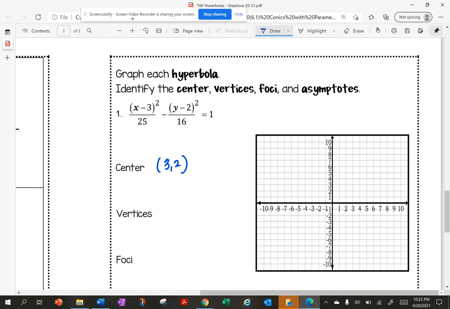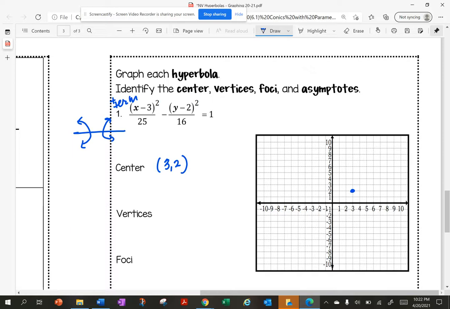Here's my center. So my plus term is the x term. So I know I have a horizontal hyperbola. So I'm just kind of giving myself a clue so I know what I'm graphing.